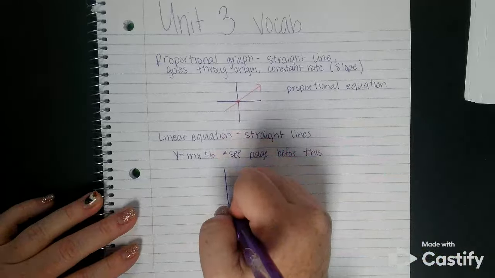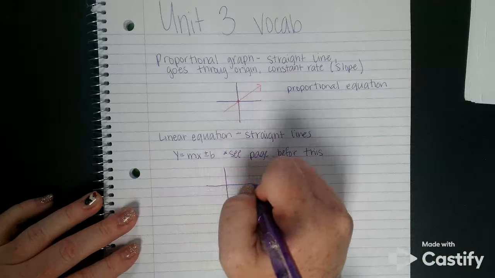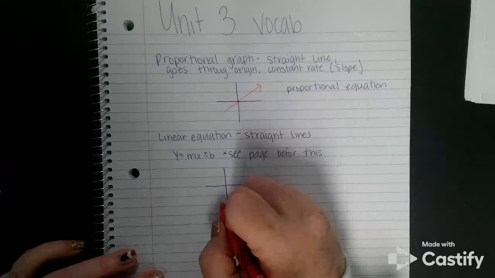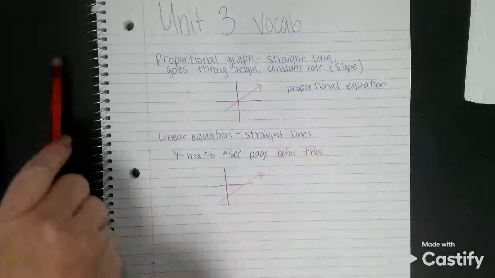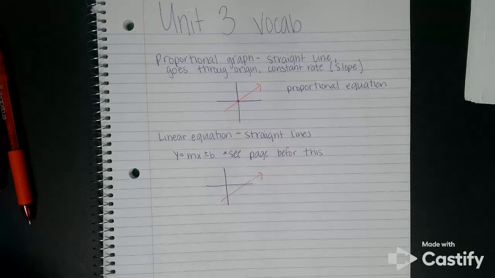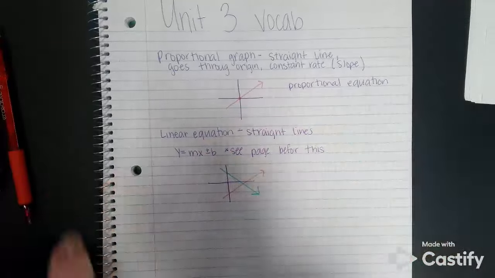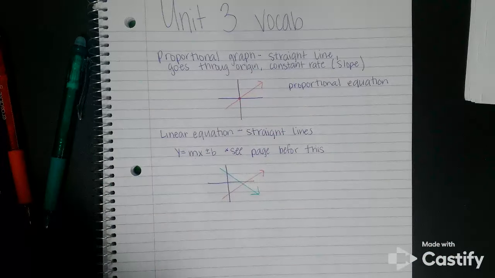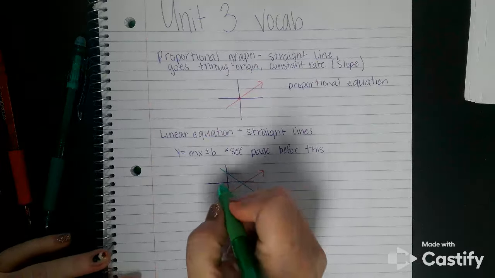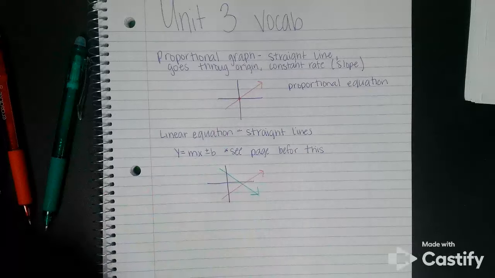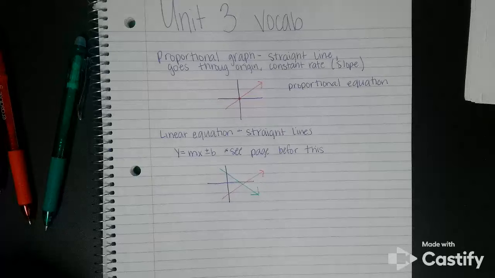Linear can be this. That's straight. That's a linear line. It can be this. That's a straight linear line. That's green again. Where did my blues go?